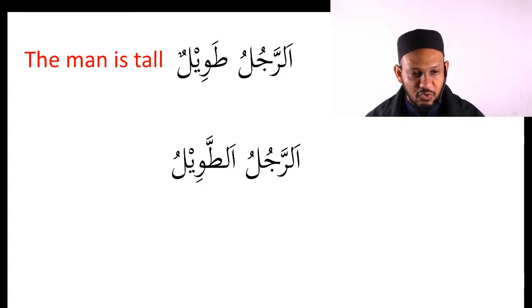Because I look at ar-rajulu and look at tawilun, and I realize that ar-rajulu is definite, raf'un, comes first, it's the focus of the sentence. And I see tawilun is indefinite, raf'un, it's the khabar, it's giving me news about the focus. Therefore there's a mubtada khabar construction, and for that I have to add an is or an are in the middle.